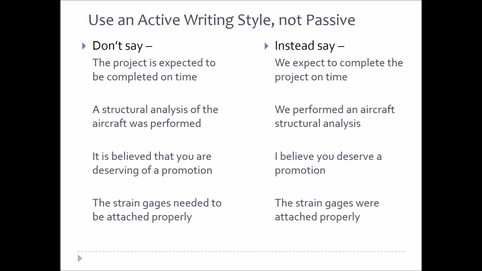It's useful as well to use an active writing style, again, because it shows that from your personal point of view, you know what you've done, you followed a progression. So instead of saying a structural analysis of the aircraft was performed, say we performed an aircraft structural analysis.